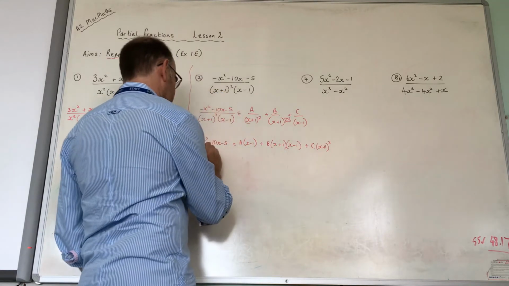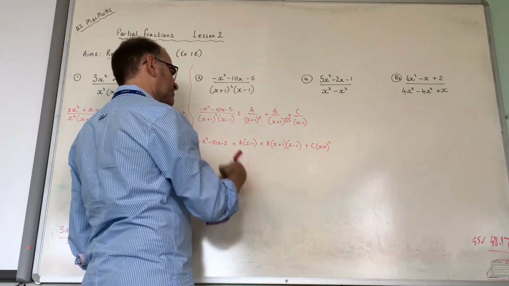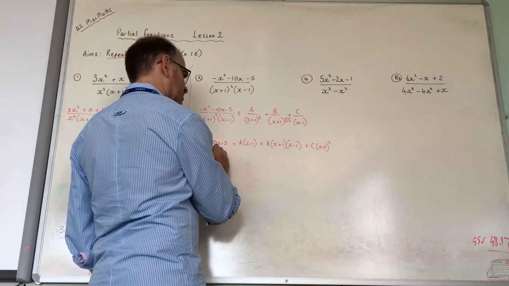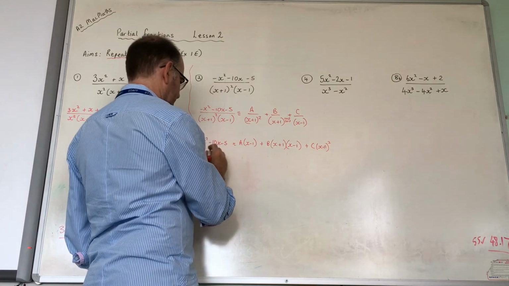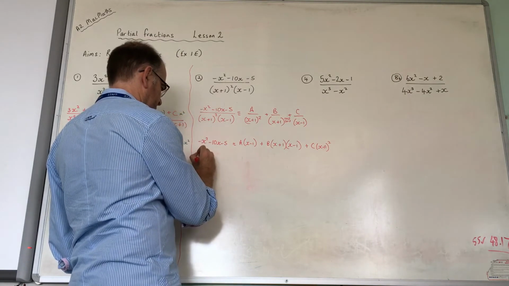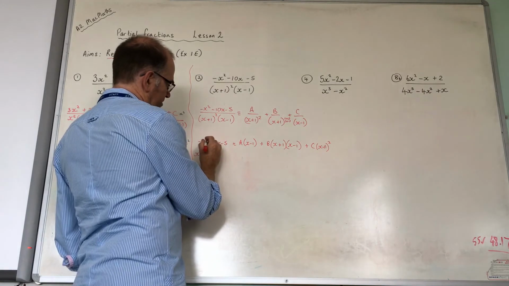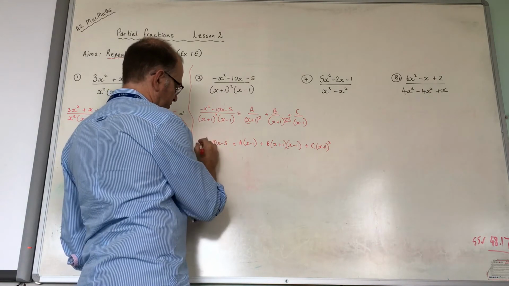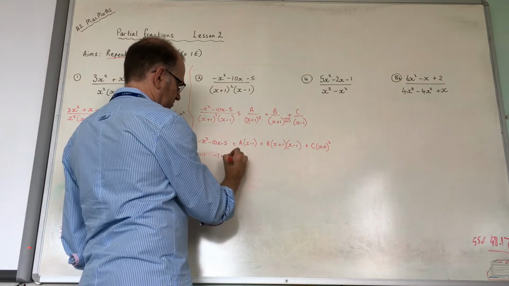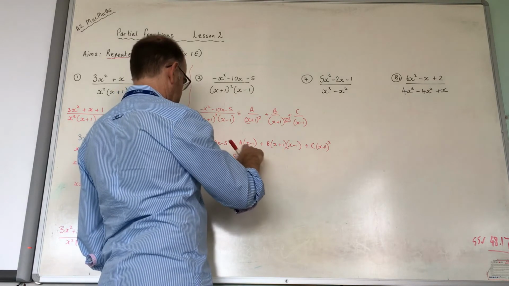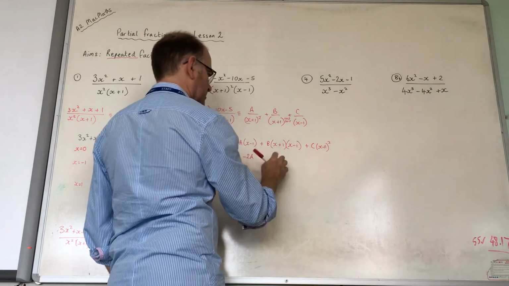So what are we going to go with? Well, the two that we're going to go with to cancel out are x is 1 and x is minus 1. So first of all, I'm going to go where x is minus 1. When x is minus 1, we're going to get minus 1 squared is 1, but I've got a minus in front of it, so I've got minus 1 plus 10 minus 5 is equivalent to, now x is minus 1, minus 1 is minus 2, minus 2a.